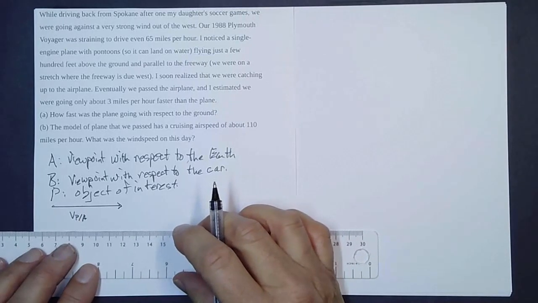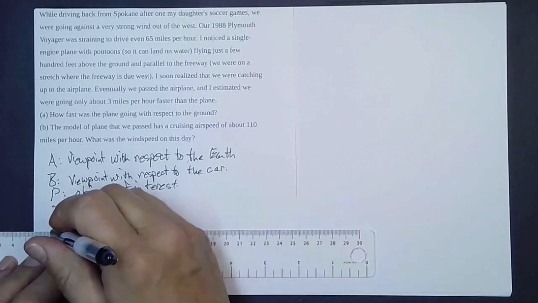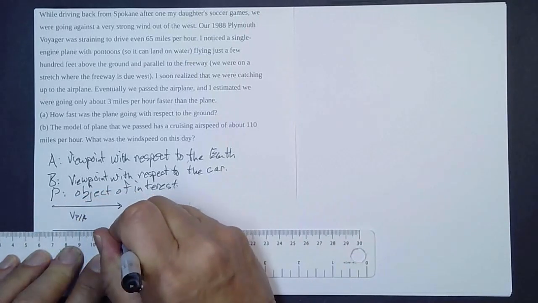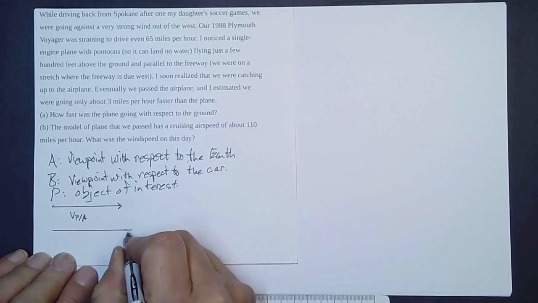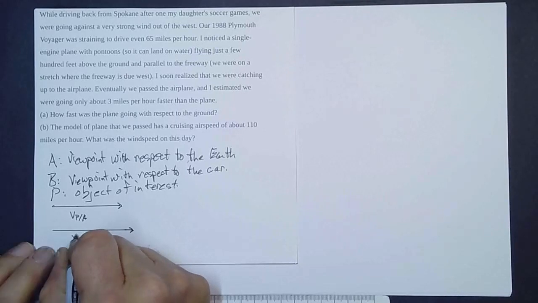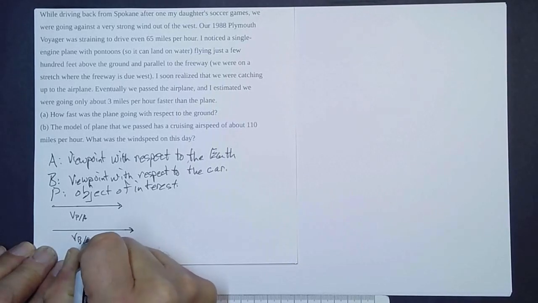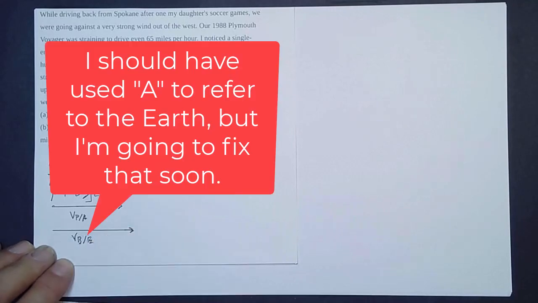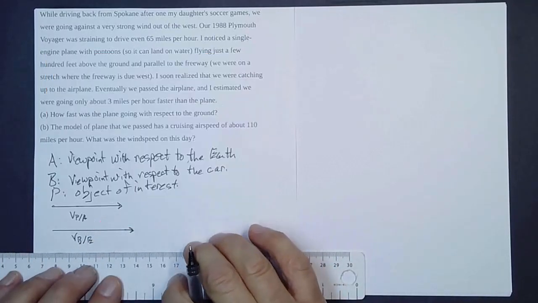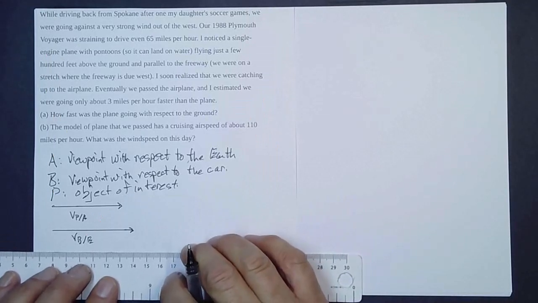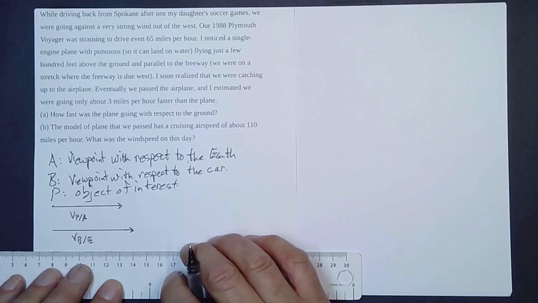Another thing will be the velocity of the car, point B, with respect to the Earth. So we'll have the velocity of B with respect to the Earth. And a third thing that we'll have here is the velocity of the plane with respect to the car.